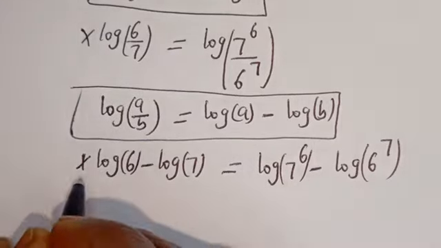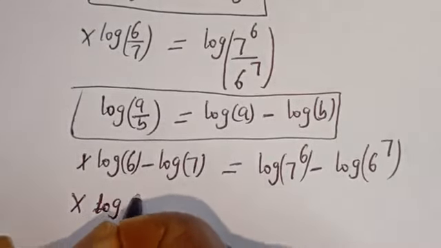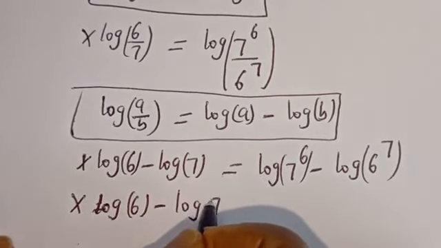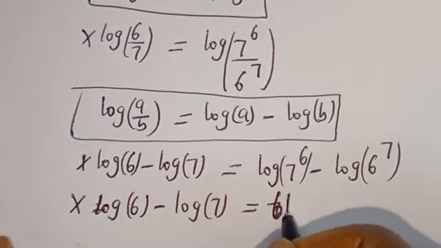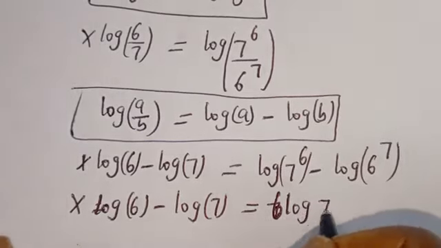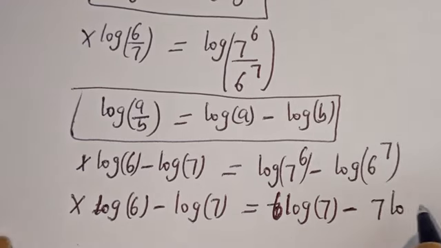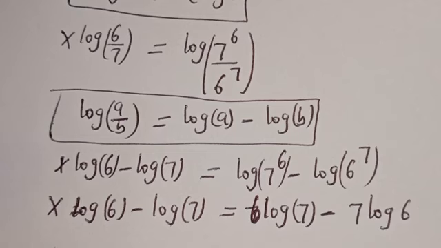Then here we have x times log 6 minus log 7 is equal to, this can be written as 6 log 7 minus 7 log 6.